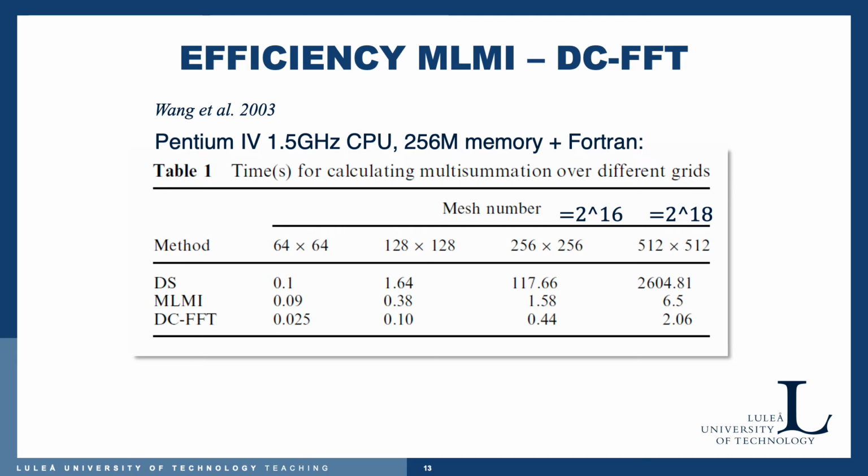And then the multi-level multi-integration scales up to 6.5 seconds, and the DC-FFT to 2 seconds. Still a factor of 3 between them, but they could be closing in later on. It's not a big difference. The huge difference is between the direct summation and these two very efficient routines to compute the elastic deflection.